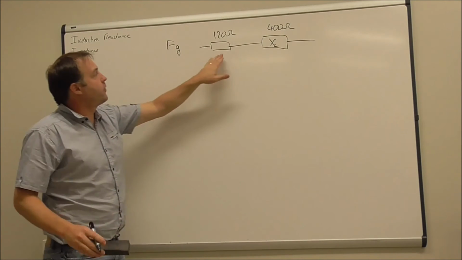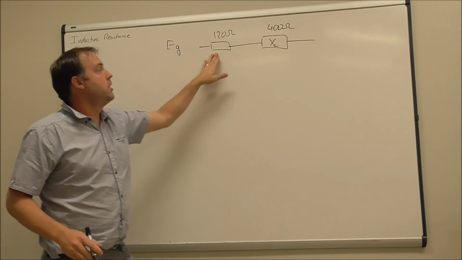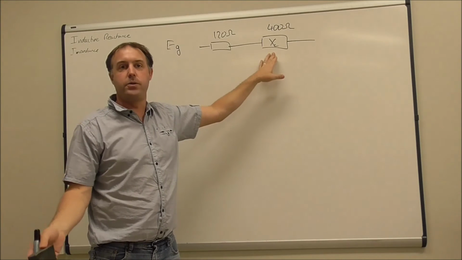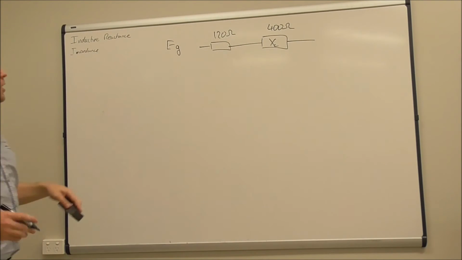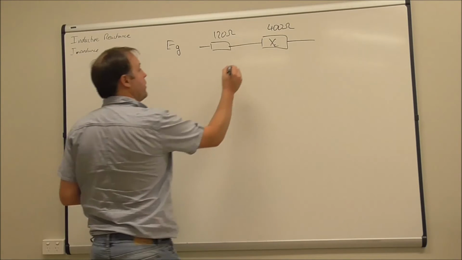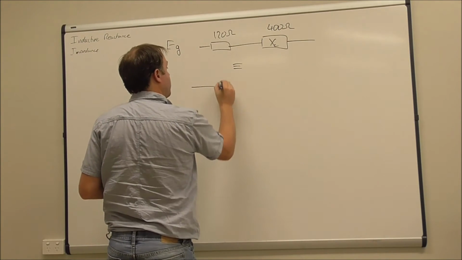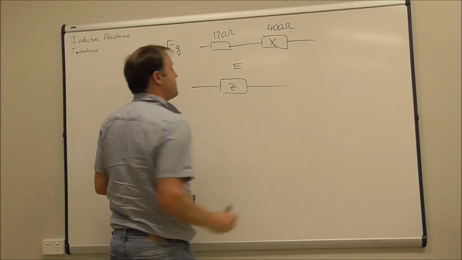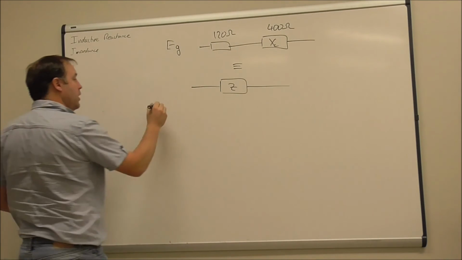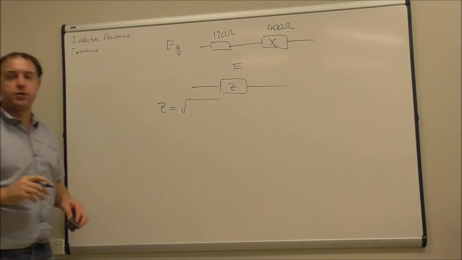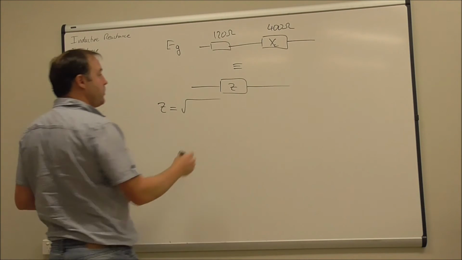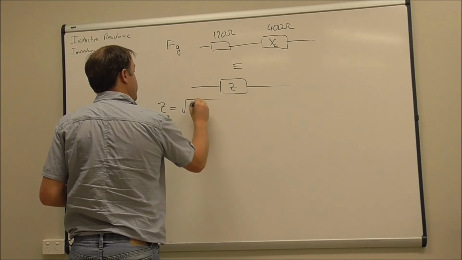If I have an example where I've got a resistor that's 120 ohms and a capacitor that at the frequency I'm talking about has a reactance of 400 ohms, I want to find the equivalent impedance between that. So I'm just going to talk about the magnitude.